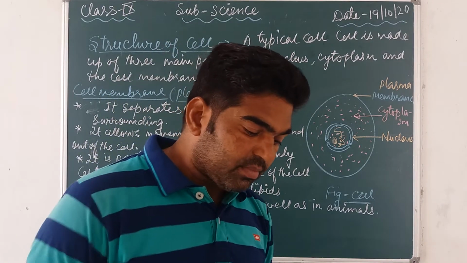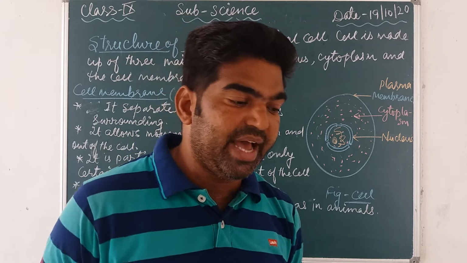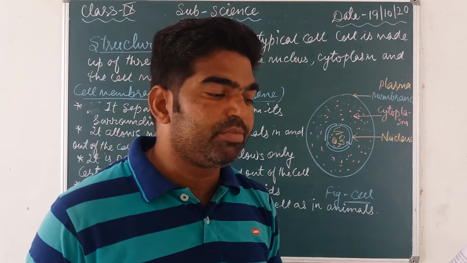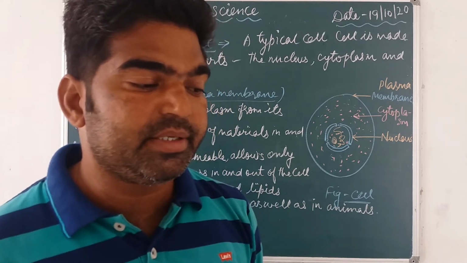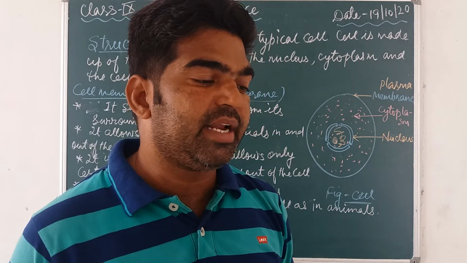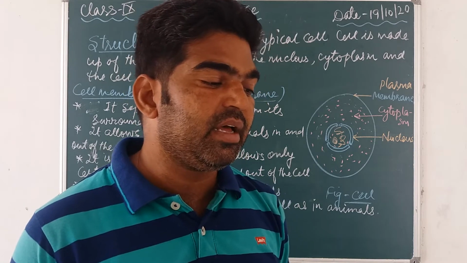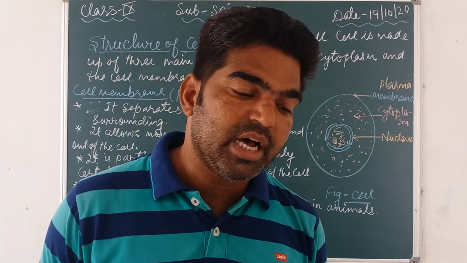Now see, in your textbook, page number 59, this is the outermost covering of the cell that separates the content of the cell from its external environment. The plasma membrane permits the entry and exit of some materials in and out of the cell. It also prevents the movement of some other materials.